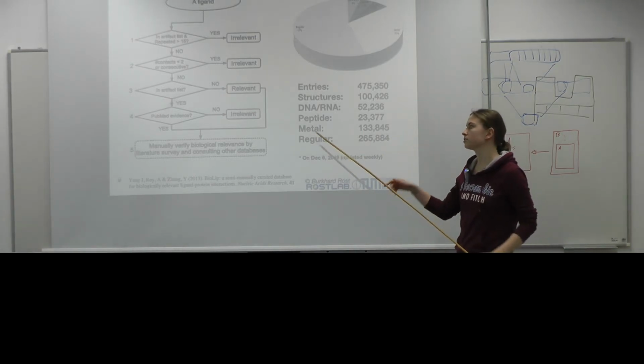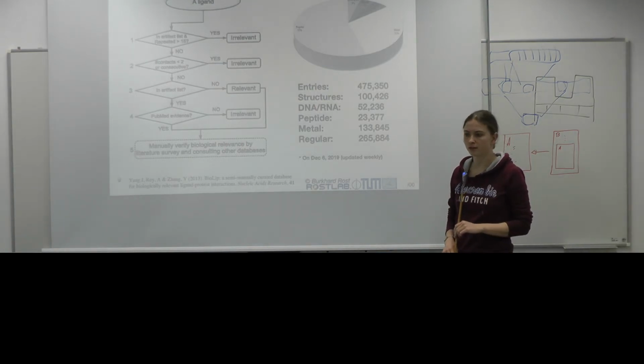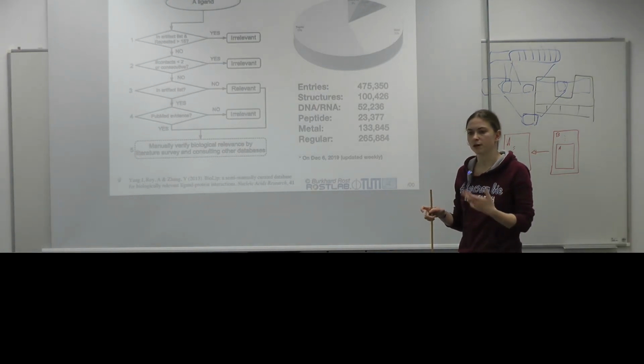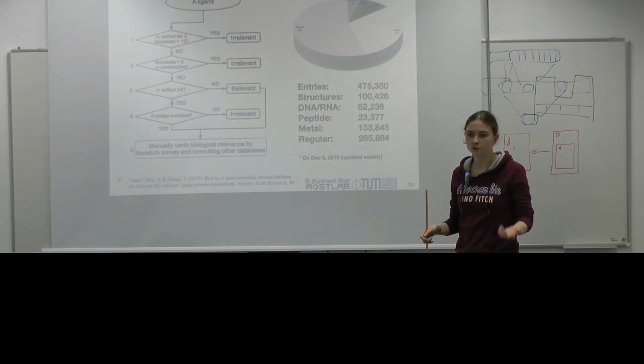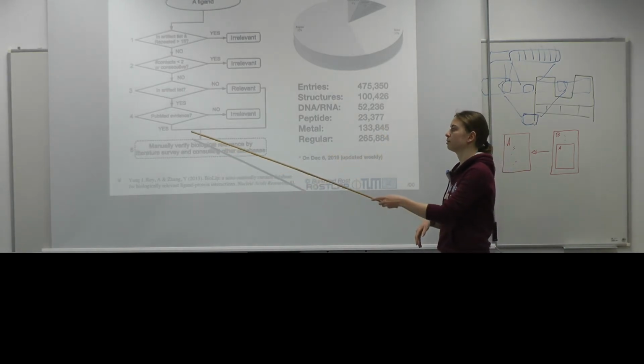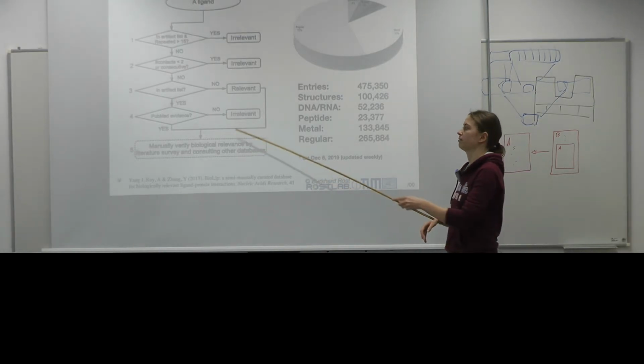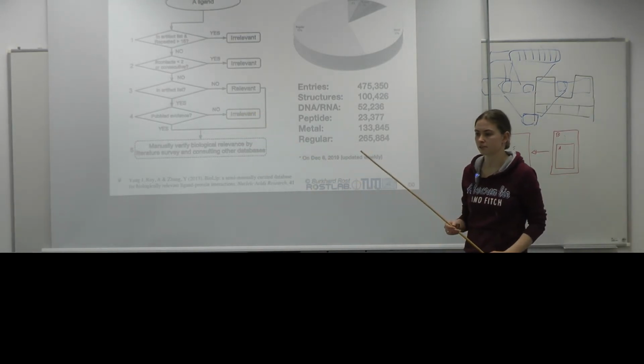So they don't just discard it, but they actually check PubMed to see if they find any publication. Because if a certain small molecule is biologically relevant for this protein, we assume that there's a publication where it was at some point discussed that it is related to the function of this protein. So that's what they check for, and if they find a publication, then they say, okay, it's relevant, and we move to manual verification. If they don't find anything, they say, okay, it's irrelevant, and discard it.